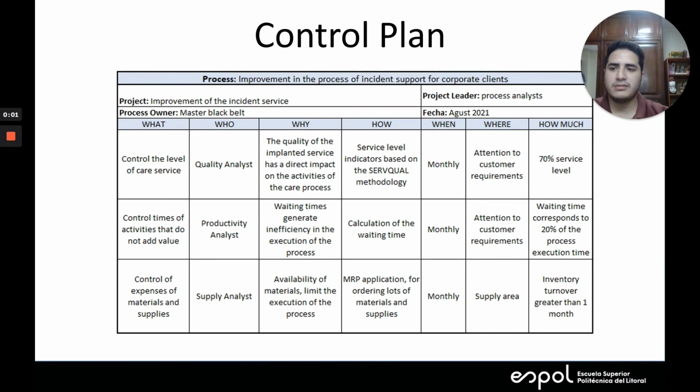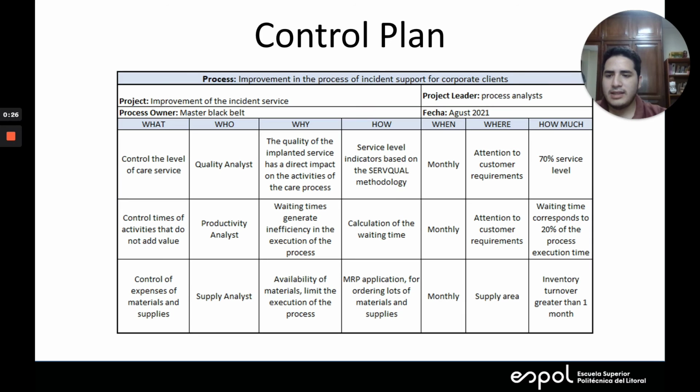The control plan consists of the improvement application, as we are going to control them, and elaboration of indicators to know if we are outside control limits. The indicator of the first cause is that the level of service is approximately 17%. The second is that the total waiting time of the process is 20%.